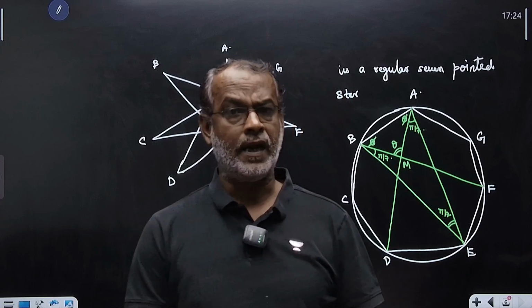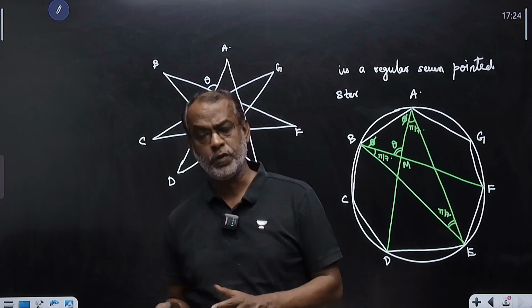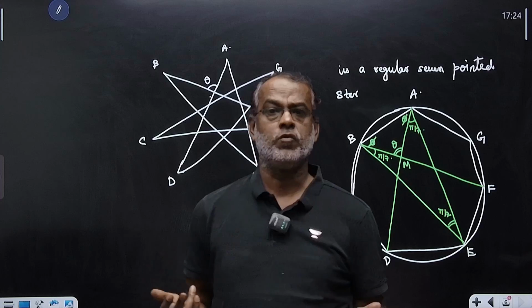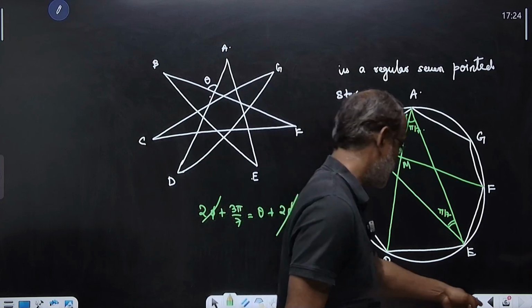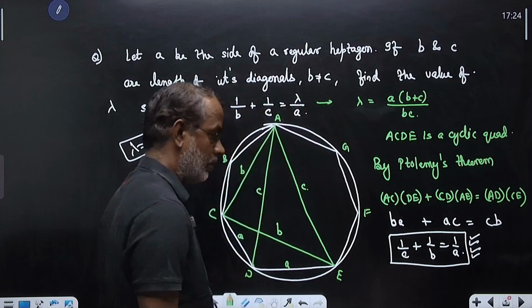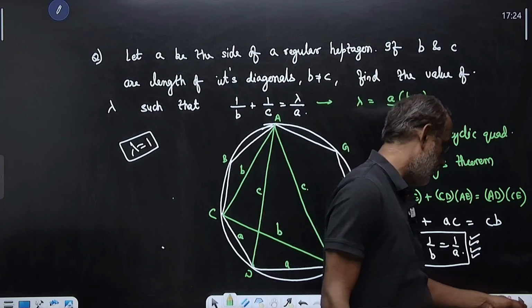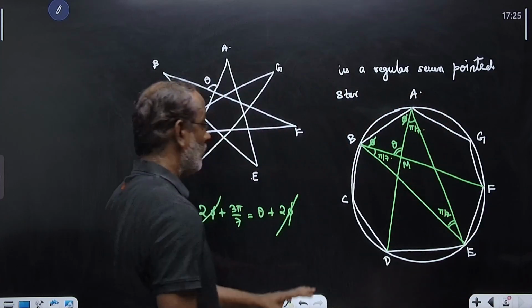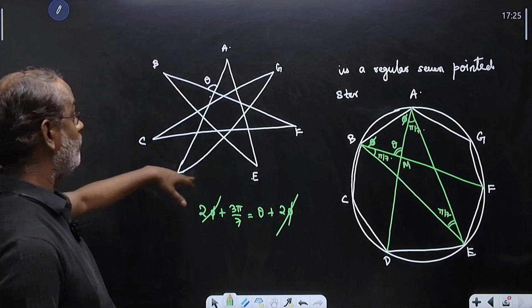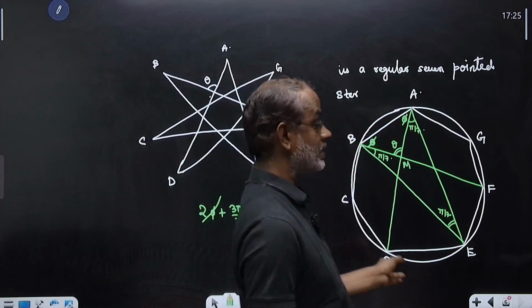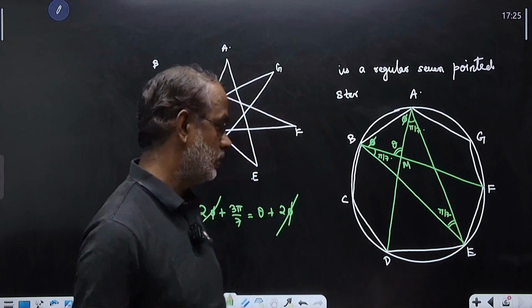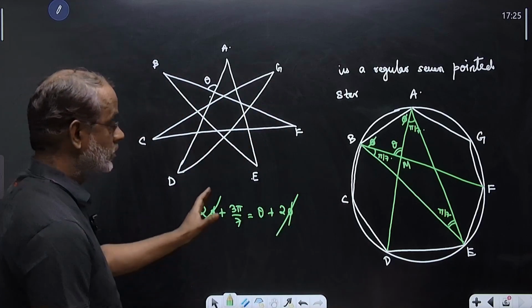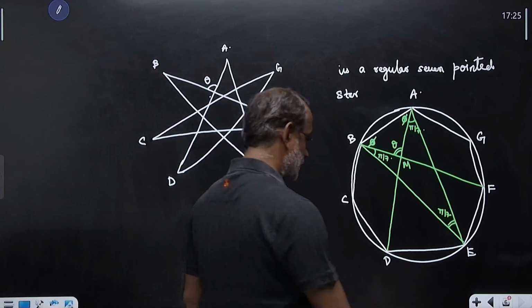Otherwise, it will always be an ad hoc exercise depending on the situation, what possible triangles, quadrilaterals we can fathom. As in the previous question, we used Ptolemy's theorem, making an appropriate quadrilateral. Here also, because it is a regular 7-pointed star, that means the vertices are of a regular polygon. This, I think, is a reasonable problem.